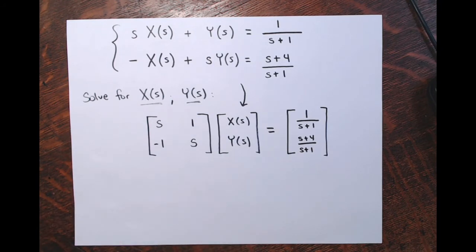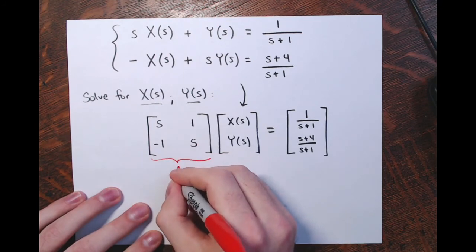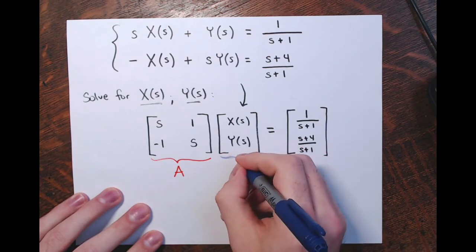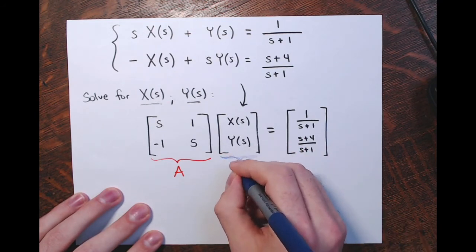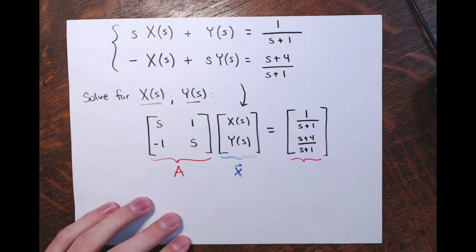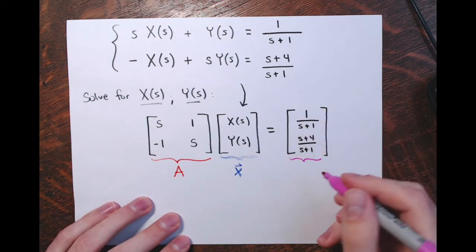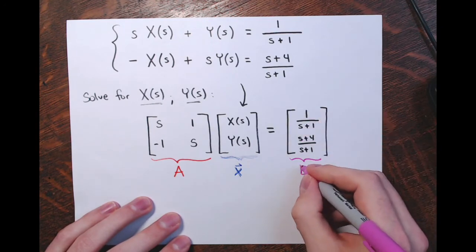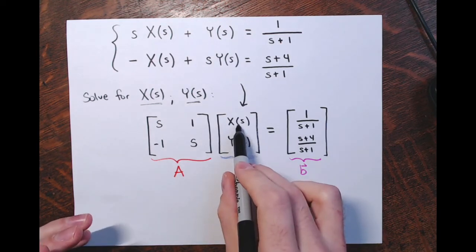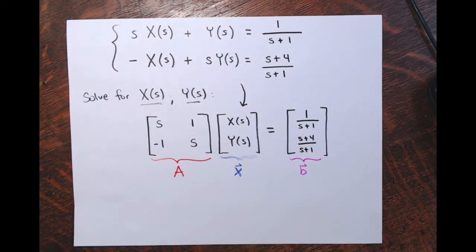So we have our matrix A, this matrix of functions, like a vector x, and then over here, if s represents a real number, this is a matrix of constants technically, vector B. All right, so again, I want to find expressions for x of s and y of s that make both equations true.